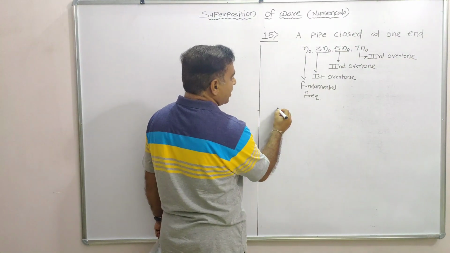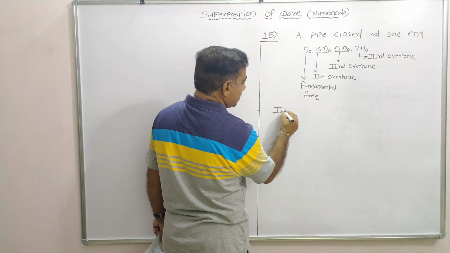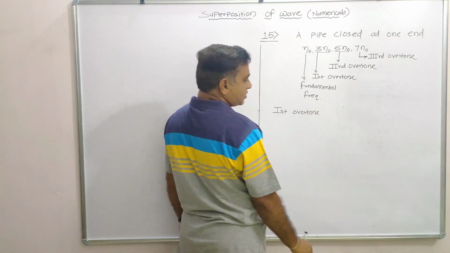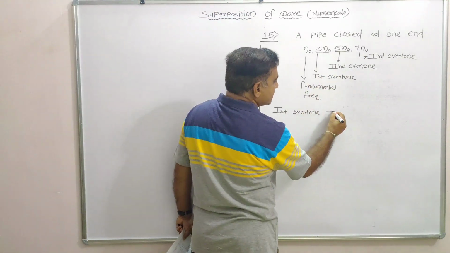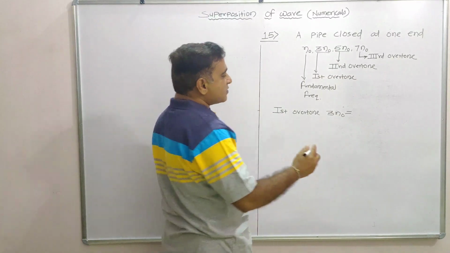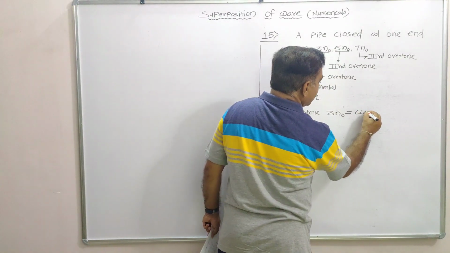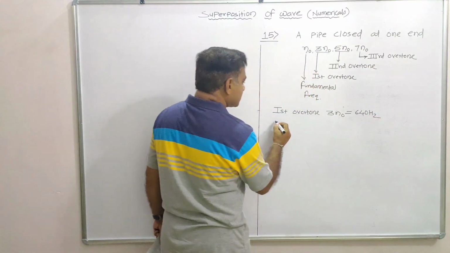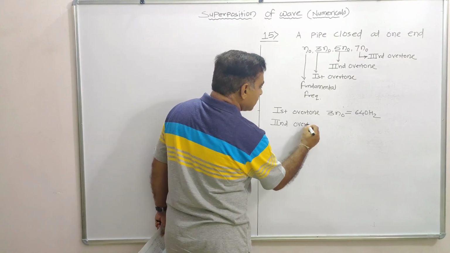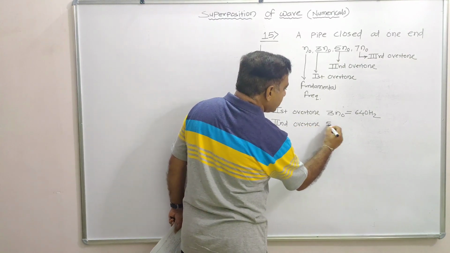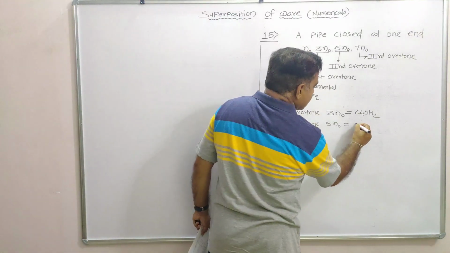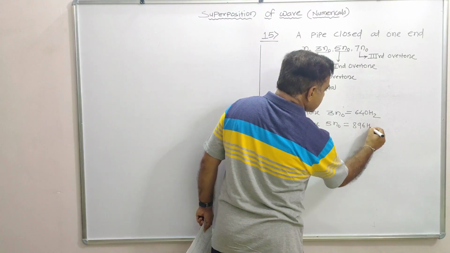For the first overtone, that is 3N0, the value given is 640 Hz. For the second overtone, 5N0 is equal to 896 Hz.